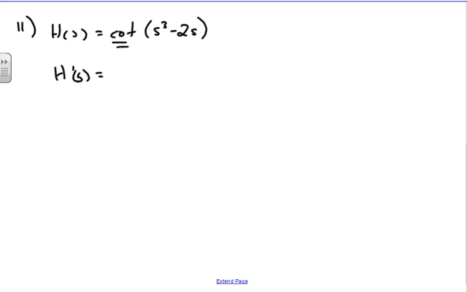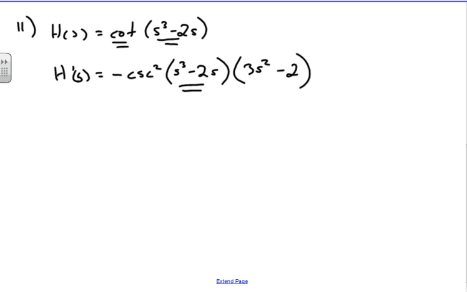Our outside function, again, is cotangent. The derivative of cotangent is negative cosecant squared of the inside function, which is u, s cubed minus 2s. Finish this off by taking the derivative of u, the inside, which would be 3s squared minus 2. And that's our derivative.